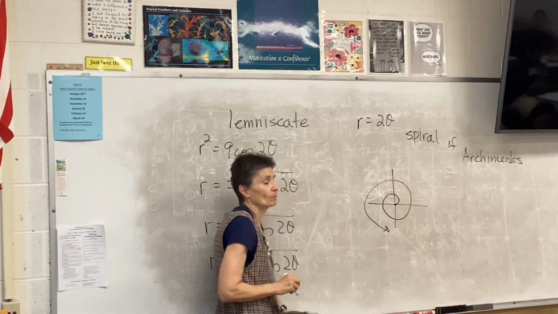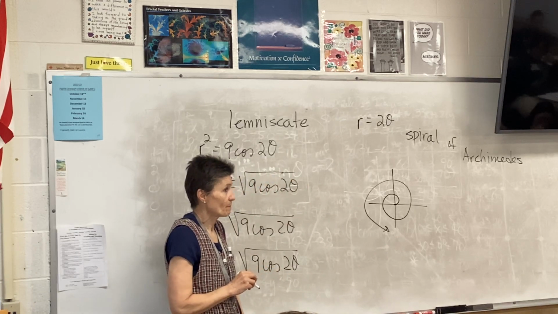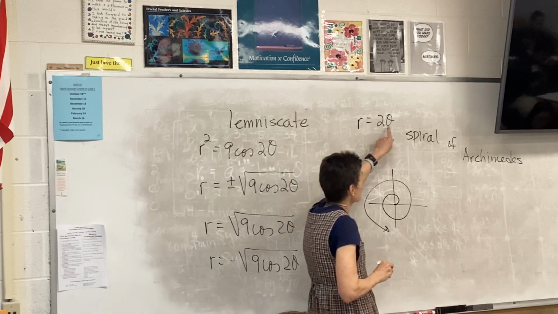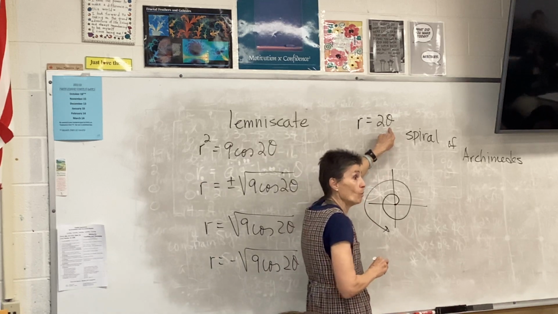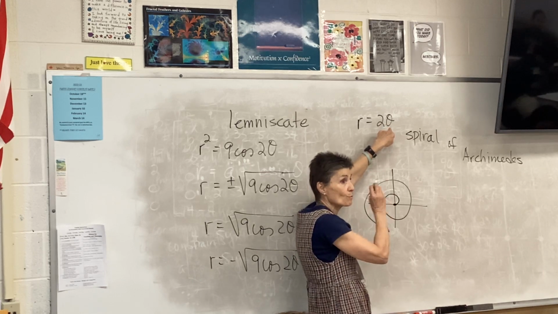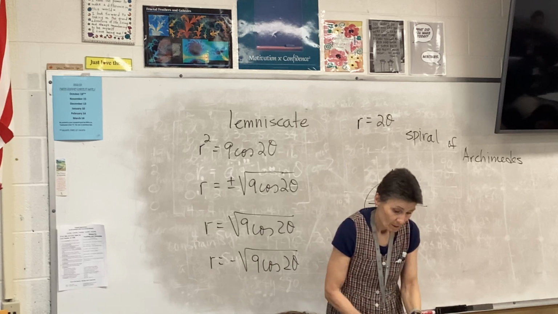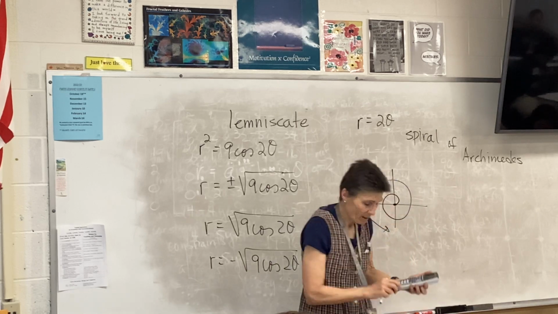That's what a spiral of Archimedes does. It starts at the pole and spins out. Because obviously, if theta is 0, r is 0. That's your first point. And then it just goes around from there. Now, I said 12 pi, okay.